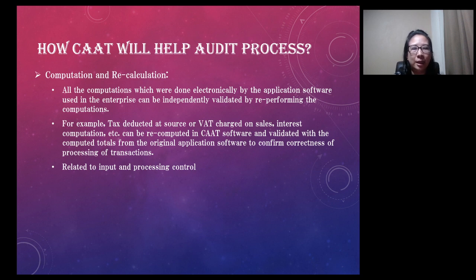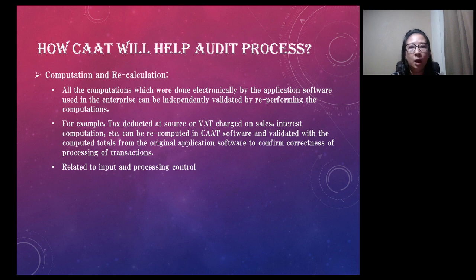so it's like checking the consistency. If you still remember, when we define the software, we have the business process requirement, right? In that requirement, we already define the computation and the calculation. So that's why later on we can put the logic in the CAAT tools, and the CAAT tools will help us to recalculate whether the current calculation is the same as what we already defined in the business process requirement.